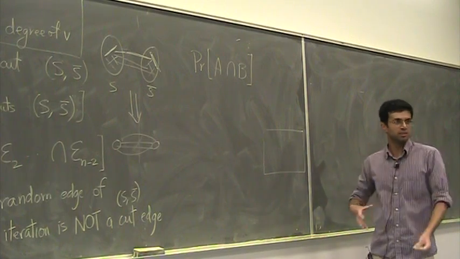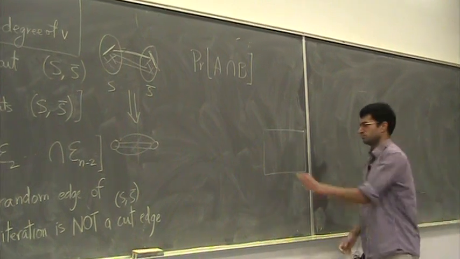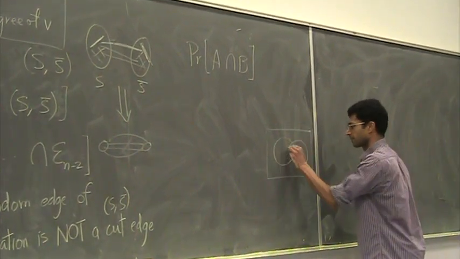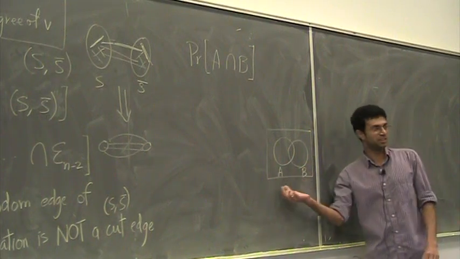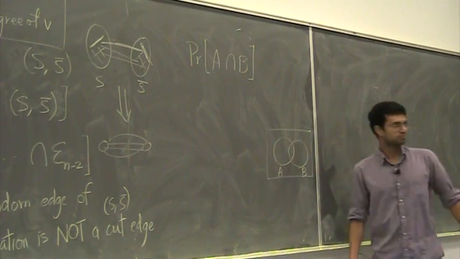It's a discrete set, so each event is just some subset of outcomes, right? So A is some subset of outcomes. B is some subset of outcomes. So think of these as events. And what is the intersection? It's just that.